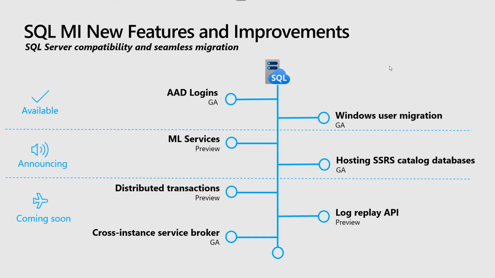And finally, later this year, we are enriching the existing service broker feature in SQL Managed Instance. So far, you could use service broker to exchange messages within a database or between the databases on the same managed instance. However, now we will enable service endpoints for service broker, and you will be able to also exchange messages across the instances.